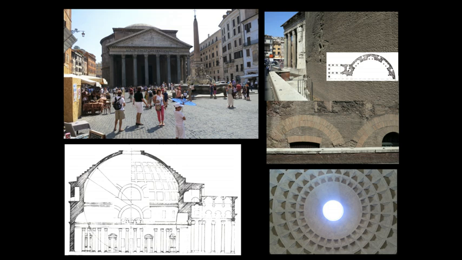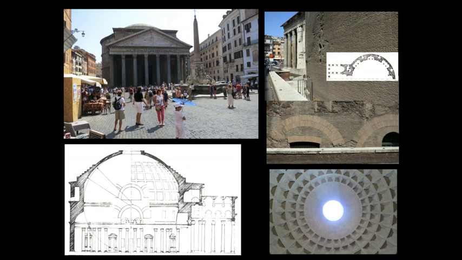These are pictures I took when I was in Rome a few years ago, and I also collected a more detailed elevation of the building. You can see that there is a circular hole just on the top of the dome, and a very strong ring going around it.